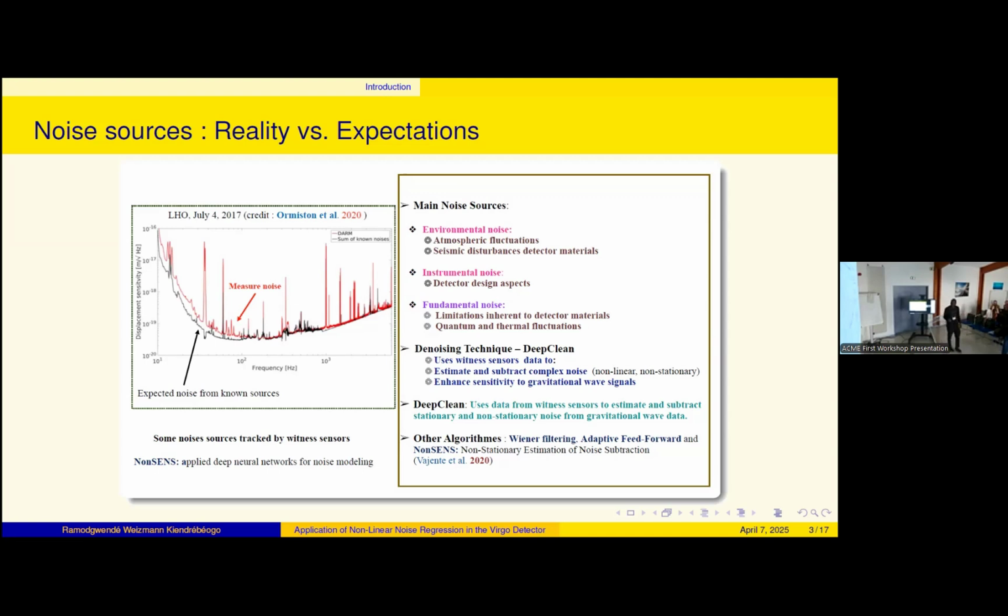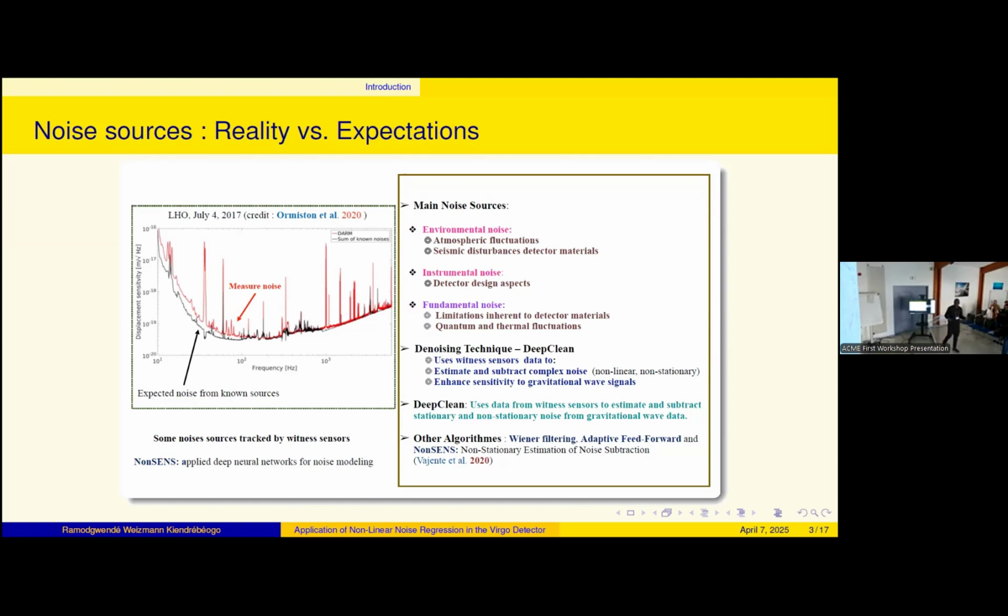For example, in this picture from the LIGO detectors during the second observing run, the red curve is the measured noise, and the black one shows the sum of the known noise. As we can see, there is still a gap. That means not all the noise is accounted for. So this missing noise is a mix of environmental disturbance, instrumental artifact, and sometimes even fundamental limits.